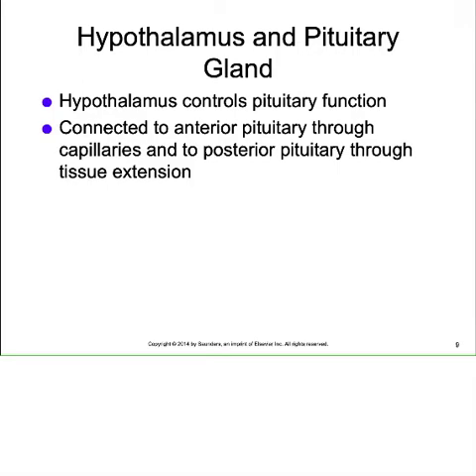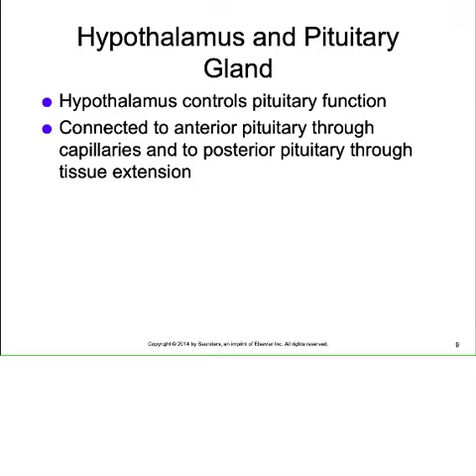It flows from that capillary bed in the hypothalamus directly to a capillary bed in the anterior pituitary, and that affects the release of the hormones from the anterior pituitary.